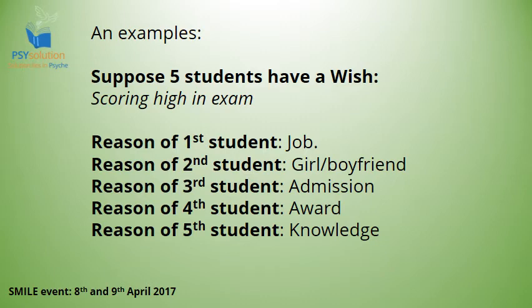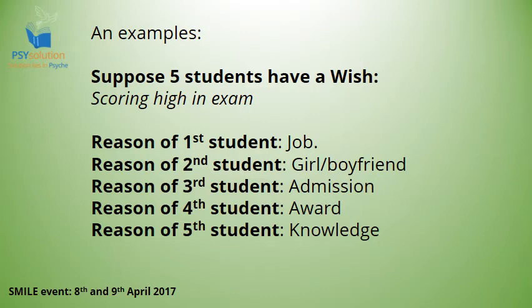The first student thinks, I want a job. The second student thinks, I want a high score to impress my girlfriend. The third student wants a high score to get admission in the next course.